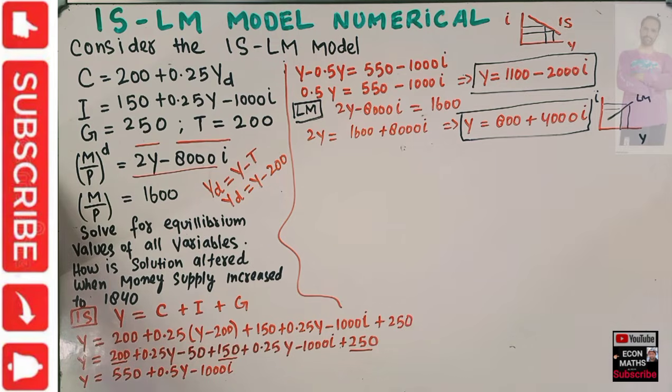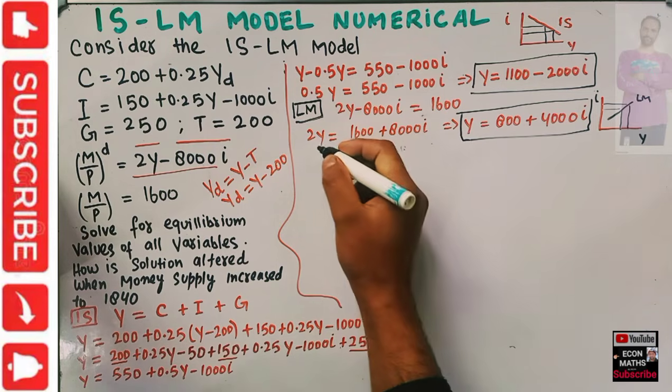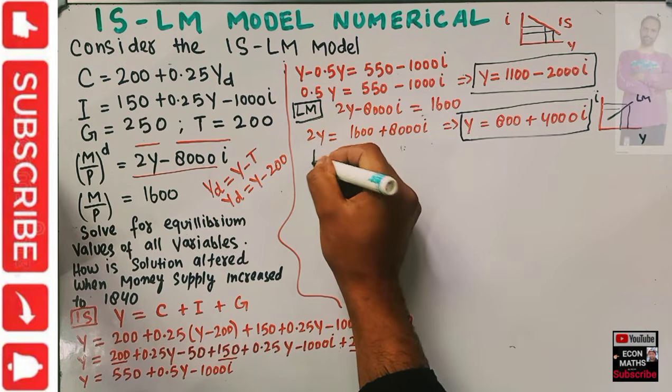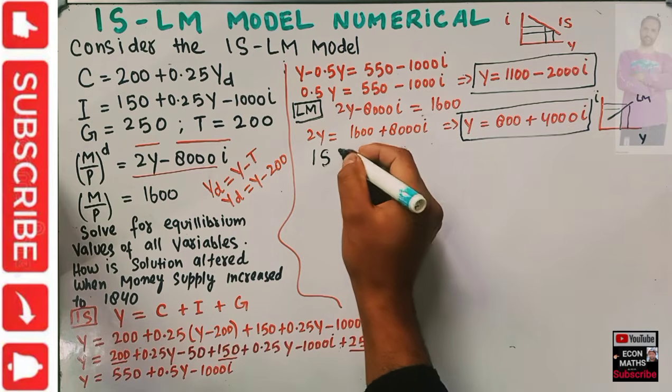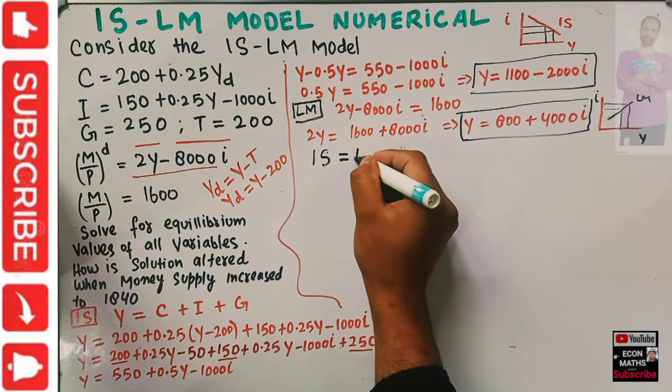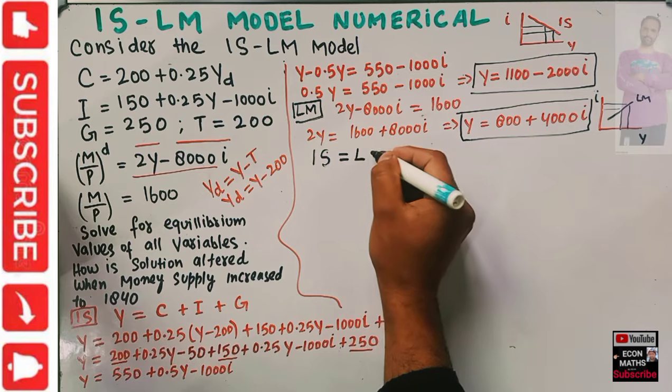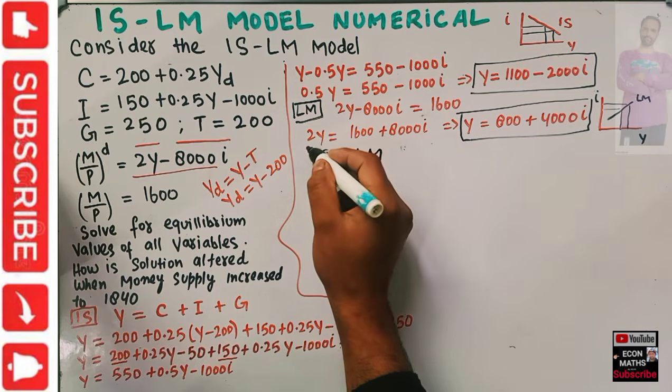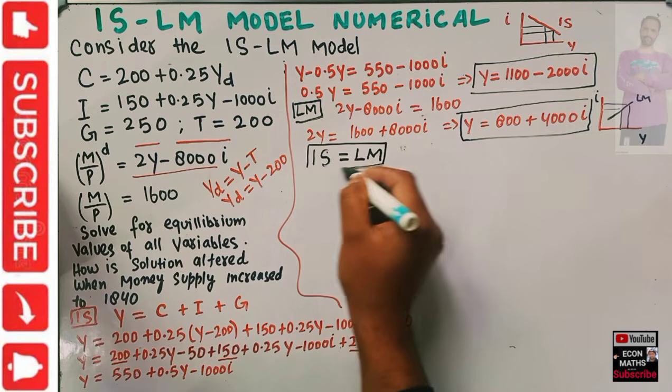Okay, now what is the simultaneous equilibrium then? So simultaneous equilibrium will require that our IS, goods market equilibrium, should be equal to money market equilibrium, which is LM. Okay, so for equilibrium, this condition must hold.